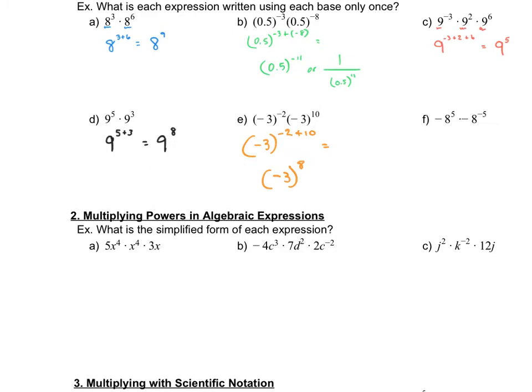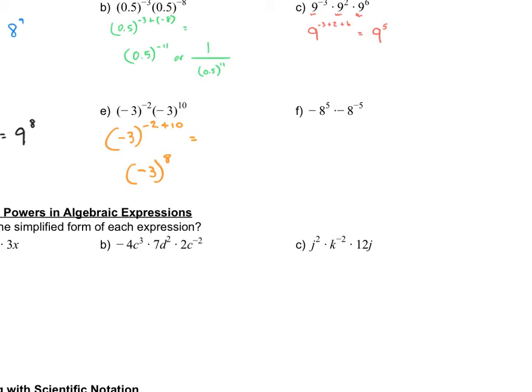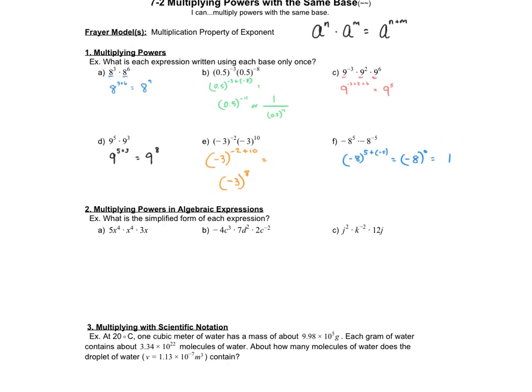And then my final example is negative 8 to the 5 plus a negative 5, which is going to be negative 8 to the 0 power, which is also equal to 1, if you recall from the previous lesson. So there you go, adding the exponents of like bases.